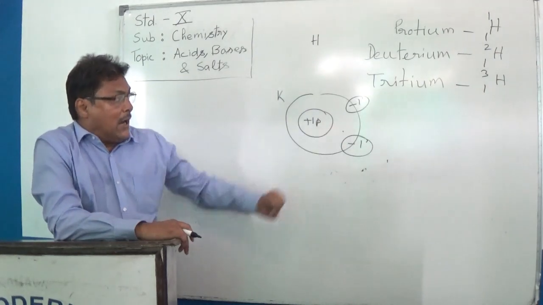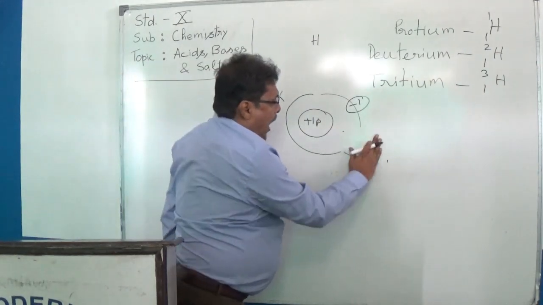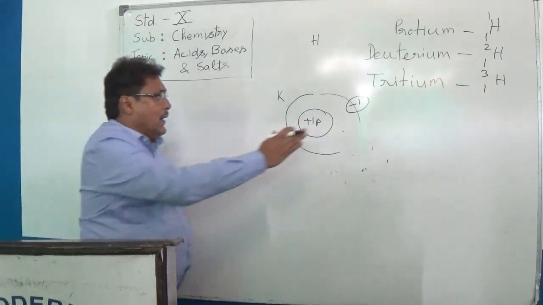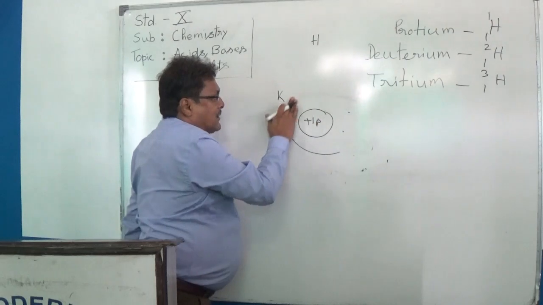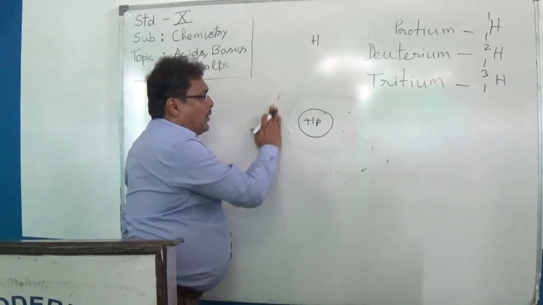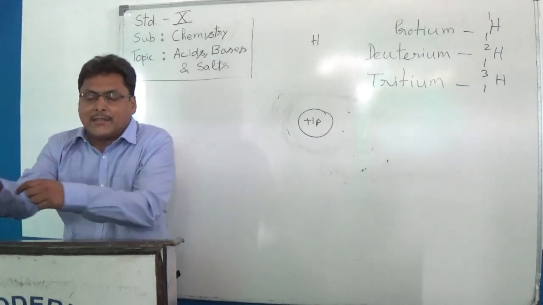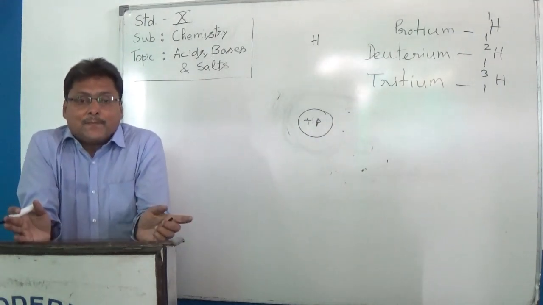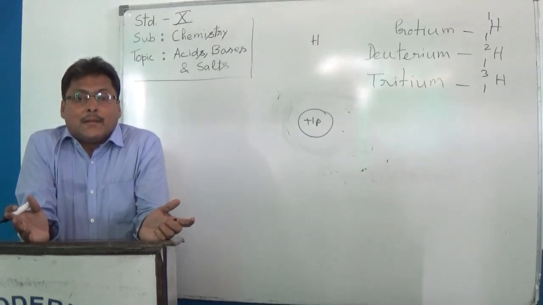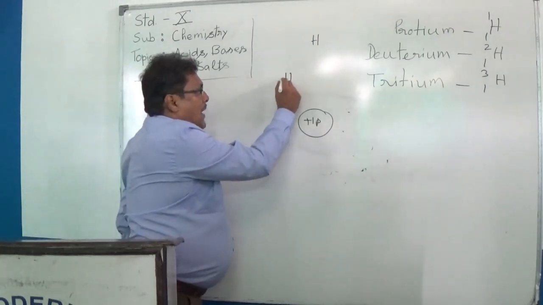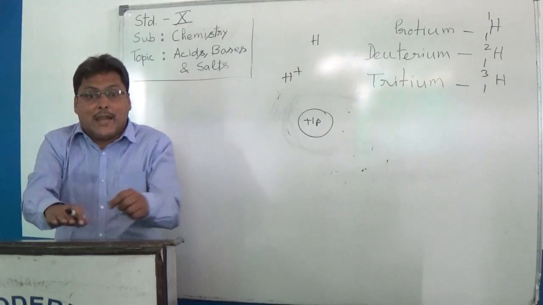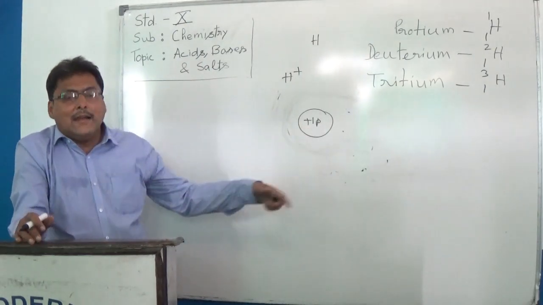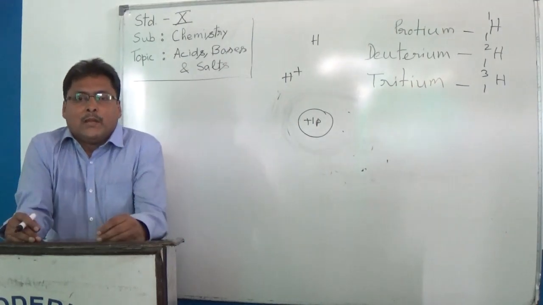That is the structure of helium. But how does it become a plus ion? If it gives or shares this outer electron, either it shares with somebody else or it gives it up for some reason, what remains? Now it is H plus ion, H cation, not anion. But what is it? It is simply a proton.